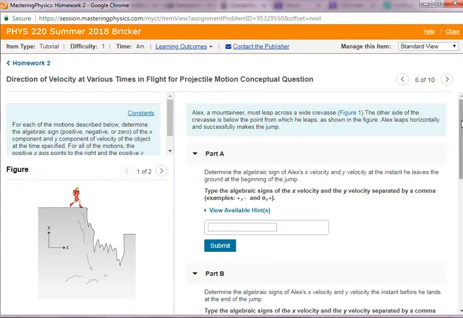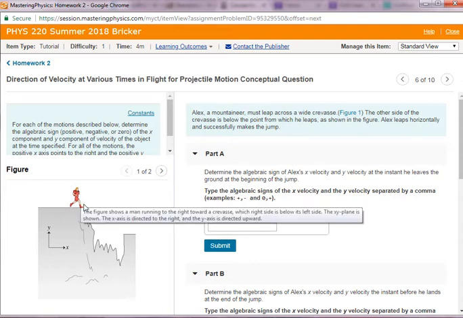Good. So we want to determine the algebraic sign of Alex's x and y velocity at the instant he leaps. Keep in mind here it says Alex leaps horizontally. So if he's leaping horizontally, running this way, the x velocity is definitely going to be positive. But if you leap horizontally, that means there is no y velocity.